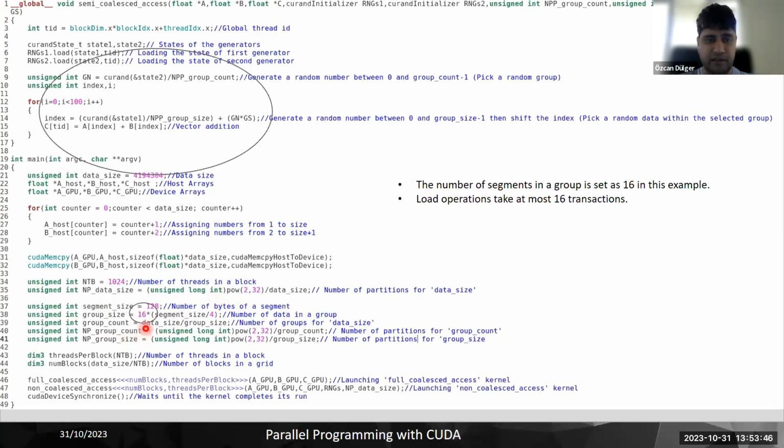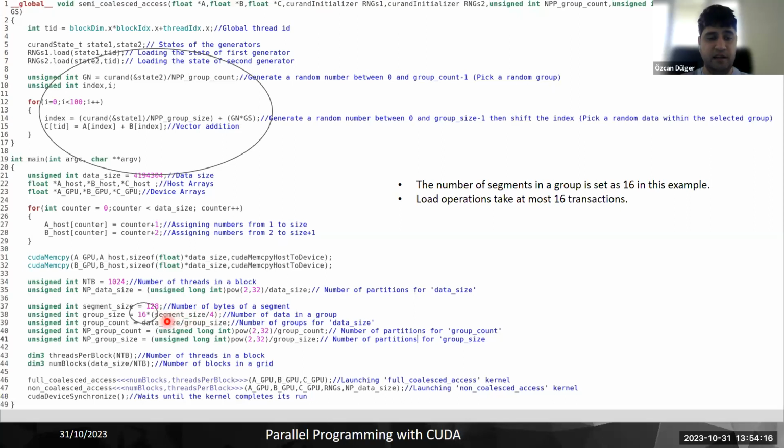And there are parameters here. The segment size is 128. This is in terms of bytes. So the number of data in a segment is 32. And the second parameter is group size. That means the number of data in the group. Here the number of data in a segment is 32, segment size divided by 4.